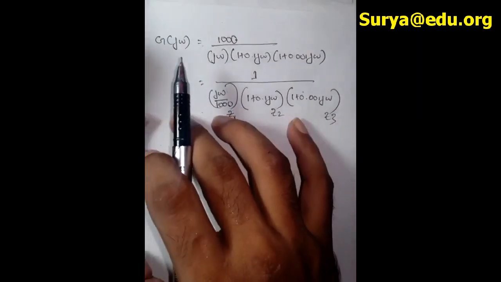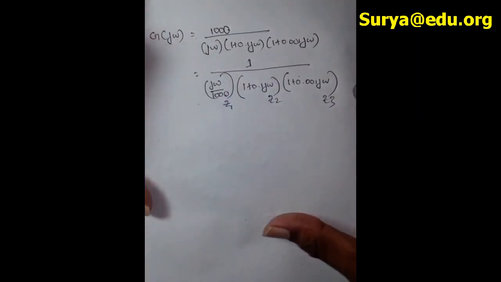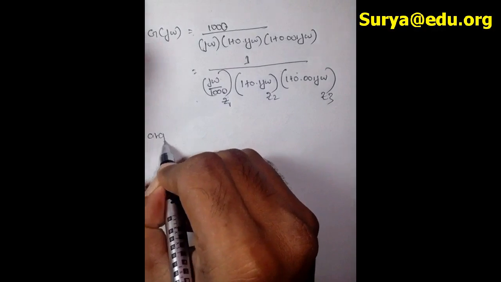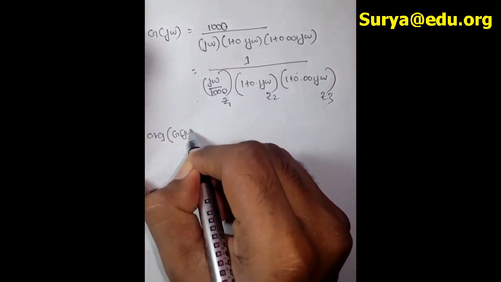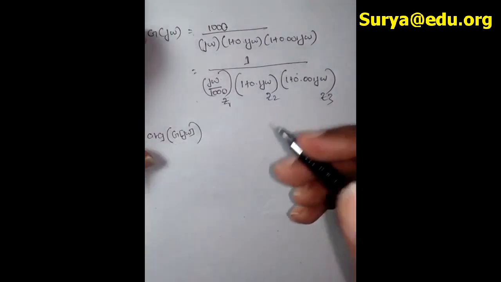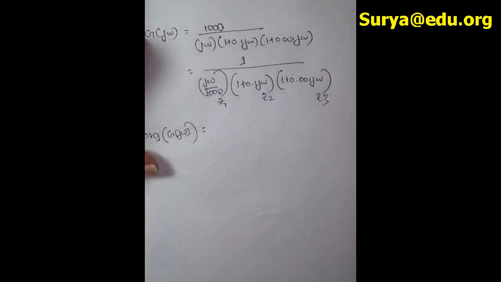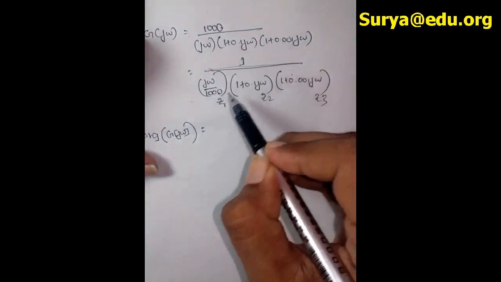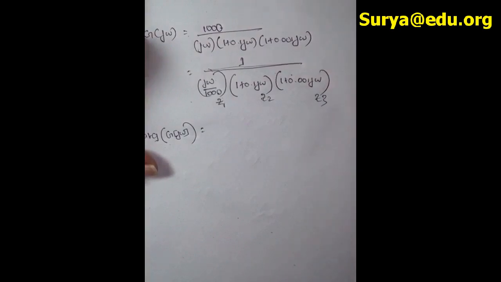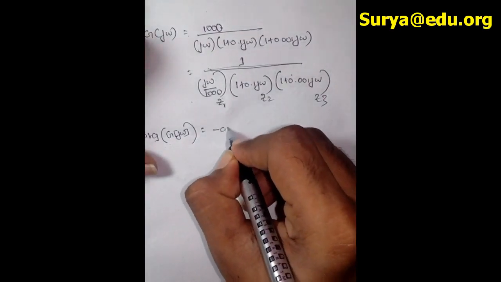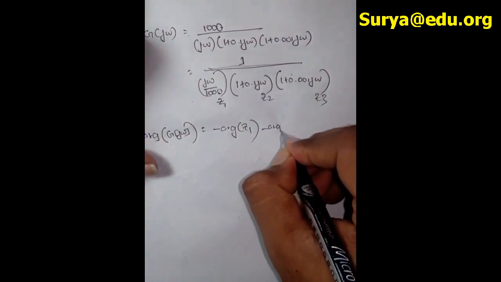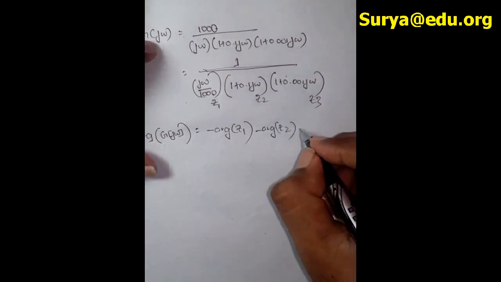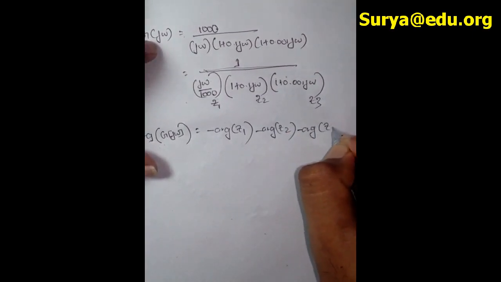Now you have to get the argument of this, in other words the angle, so arg of G(j omega). It's very easy, because all these three complex numbers are in the denominator. So it must be minus argument of z1 minus argument of z2 minus argument of z3.